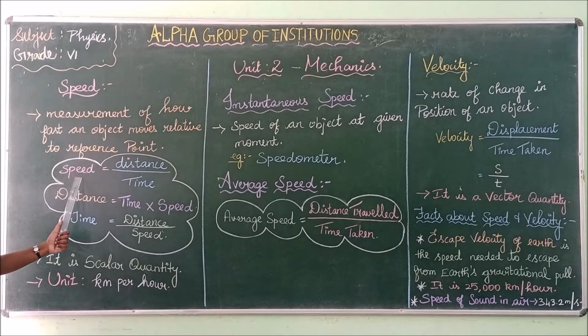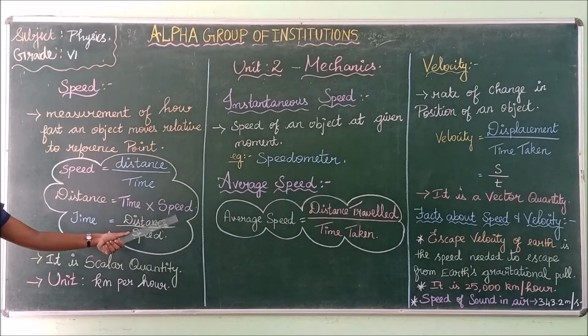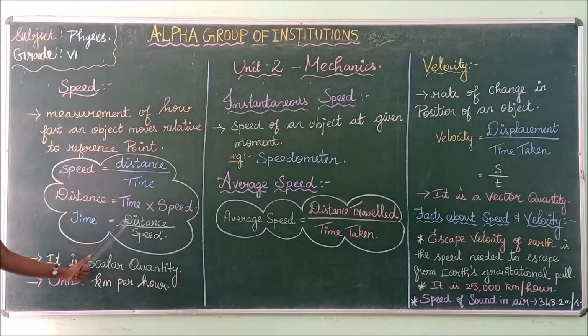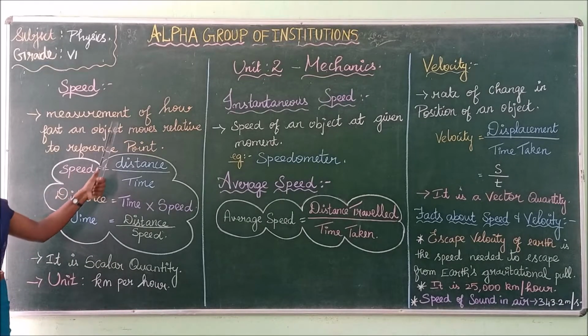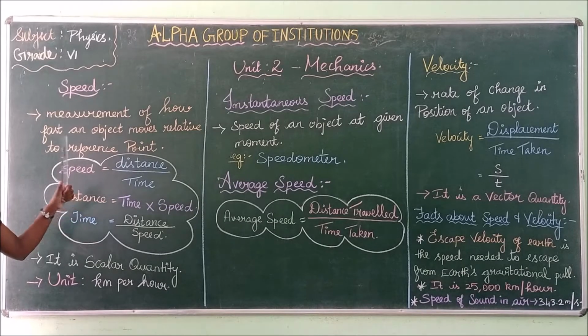What is the formula for speed? Speed equal to distance by time. Then what is the formula to calculate distance? Distance equal to time into speed. For time, the formula is distance by speed. Is it clear? Speed is the measurement of how fast an object moves relative to the reference point.